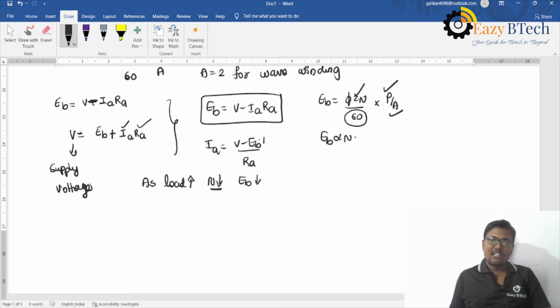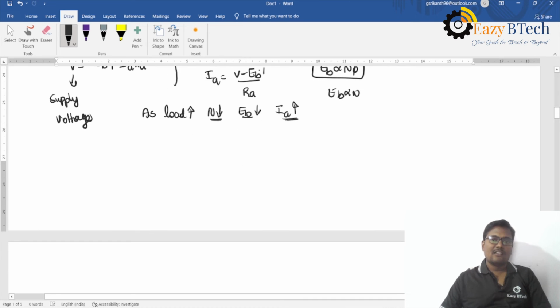So Eb is directly proportional to Nφ. If the flux is kept constant by giving an electrical supply to the field winding, Eb is directly proportional to N. We have to maintain the flux constant. If Eb decreases, then the armature current Ia increases.